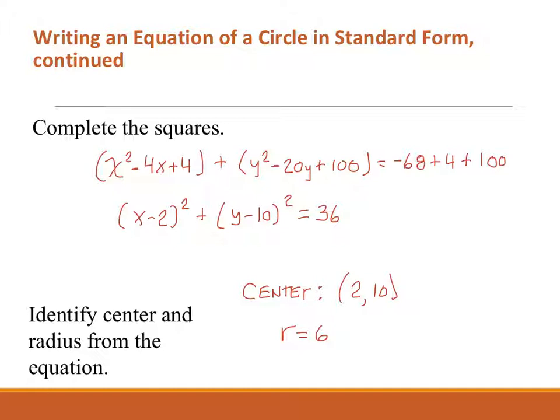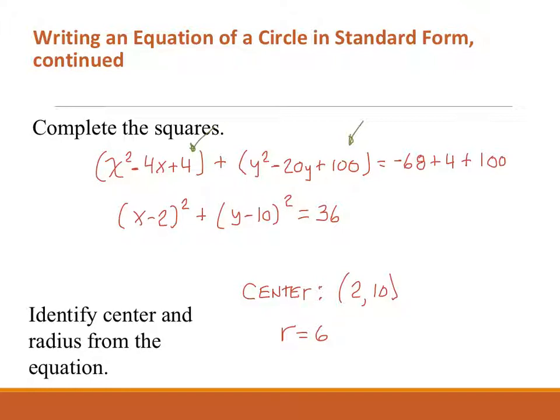So now we complete the squares. We took half of 4 and we squared it and we got 4. So now we have x squared minus 4x plus 4. We took half of 20 and we squared it and we got 100, and we added it. So now we have y squared minus 20y plus 100.